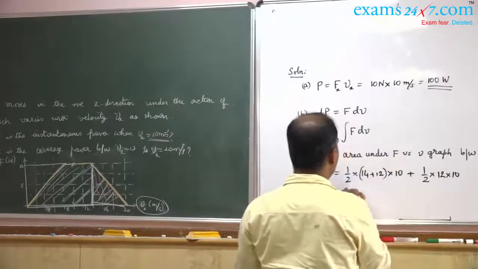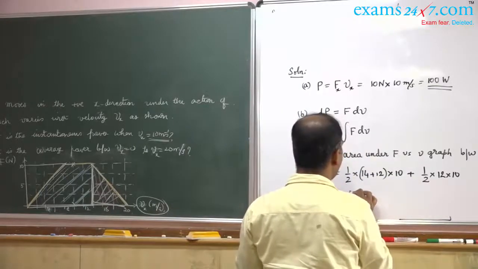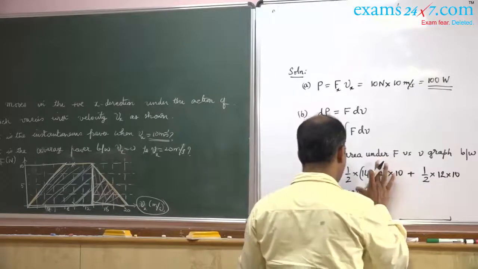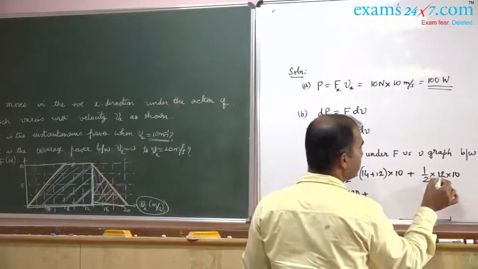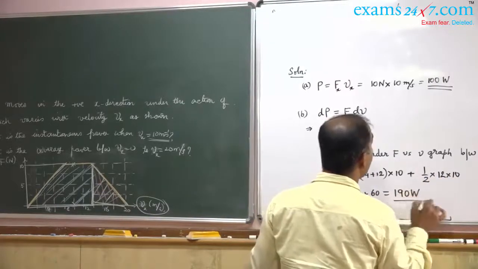So you can see that 14 plus 12 is 26, 260 by 2 is 130, 130 plus 60, you get 190 watt.